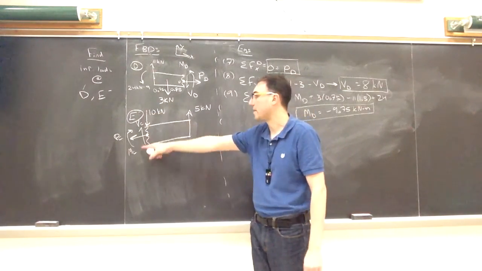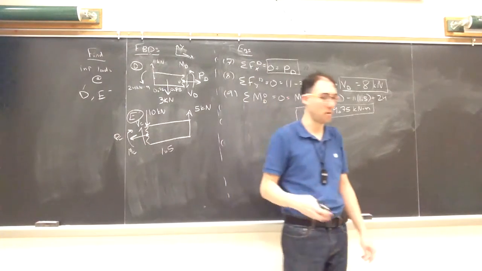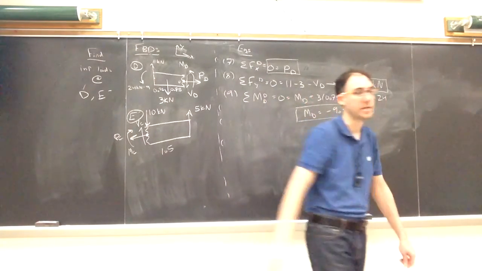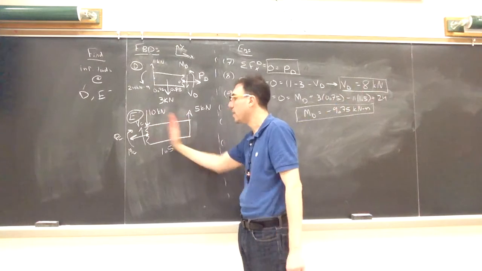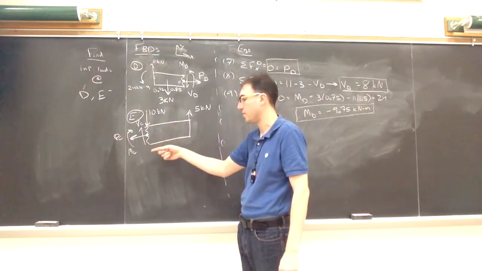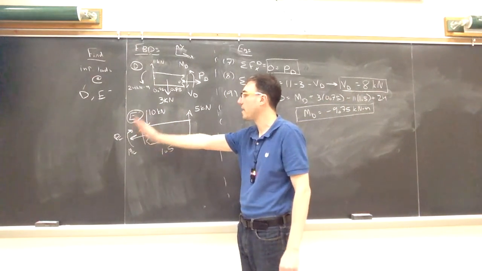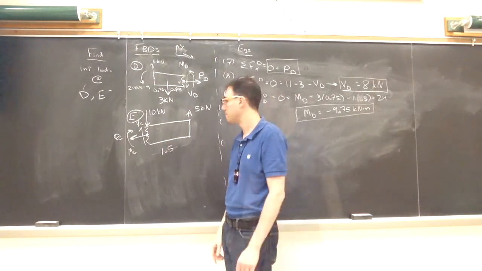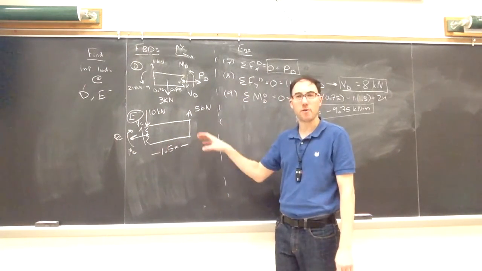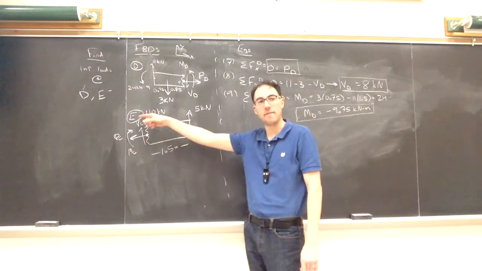And this is going to affect the value of my internal shear force, whether it's in the picture or not in the picture. So there's going to be an immediate change in the value of my internal shear force just to the left of E versus just to the right of E. Any questions on the free body diagram for just to the left of E?